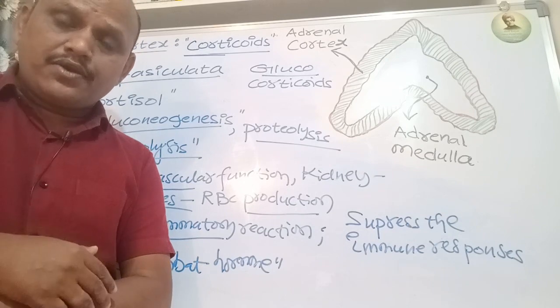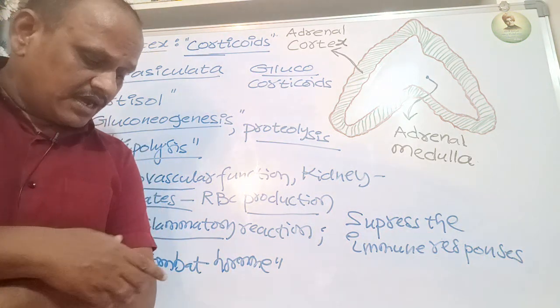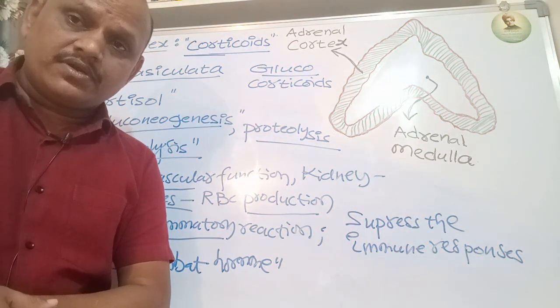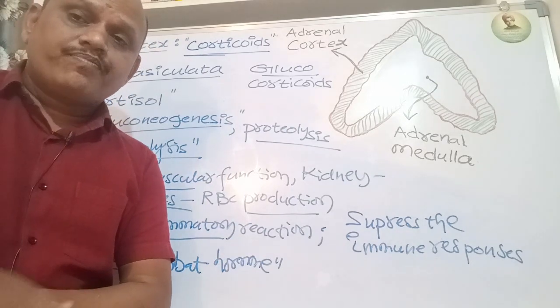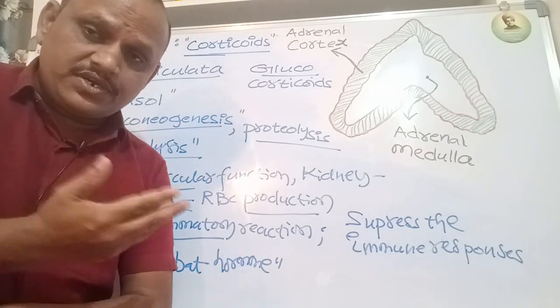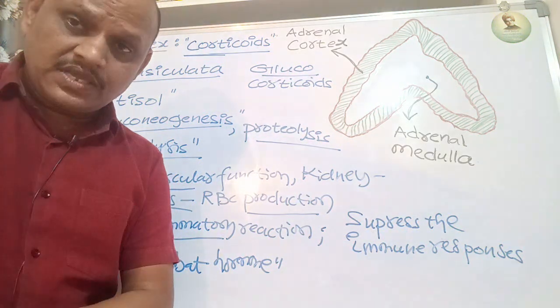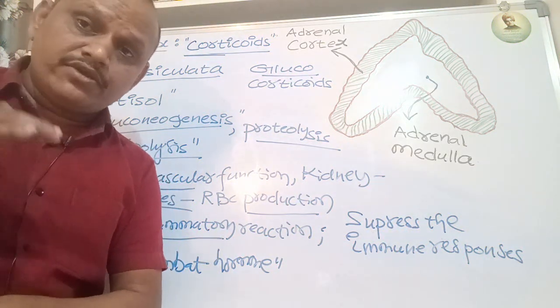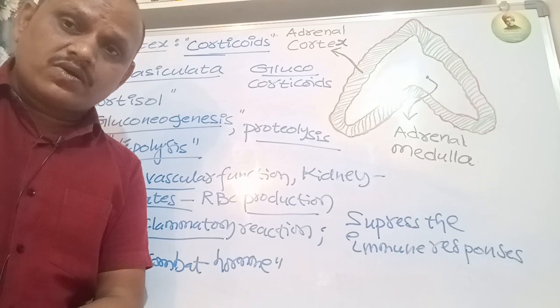The androgenic corticoids are the sex corticoids secreted by the zona reticularis, the third zone and innermost layer of the adrenal cortex.